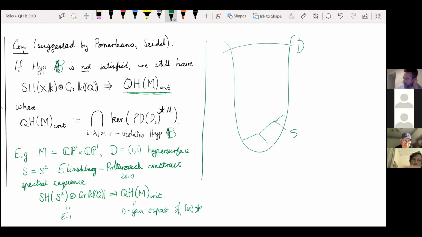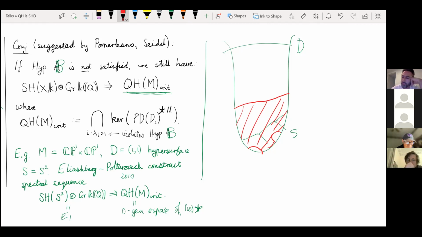We actually proved a version of that result in the case that hypothesis B is not satisfied, which said that there's some specific neighborhood of the skeleton which is SH full. If hypothesis B is satisfied, then that neighborhood can be arbitrarily small. If it's not satisfied, then it has to have some certain finite size.